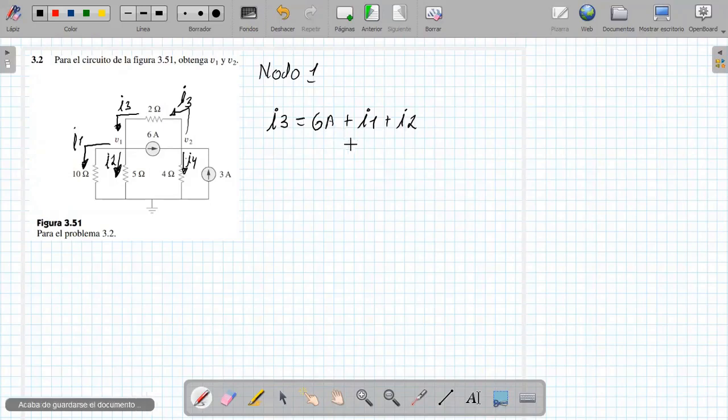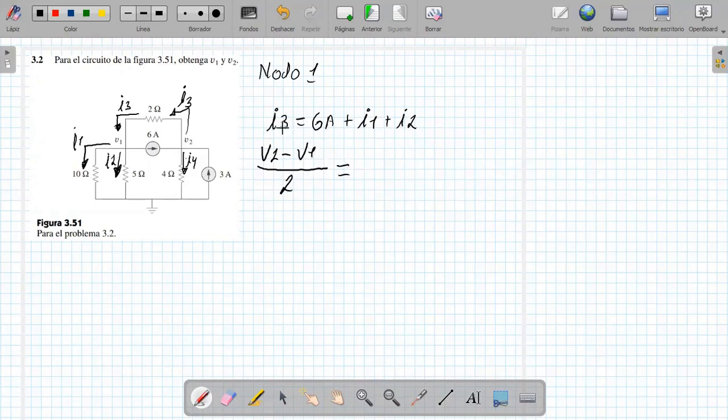Now, the current I3. Let's notice that it has this direction. If I mark this direction it is because the voltage V2 is greater than the voltage V1, so the current I3 will be equal to V2 minus the voltage V1, over the resistance of 2 ohms. It will be the same for the others.